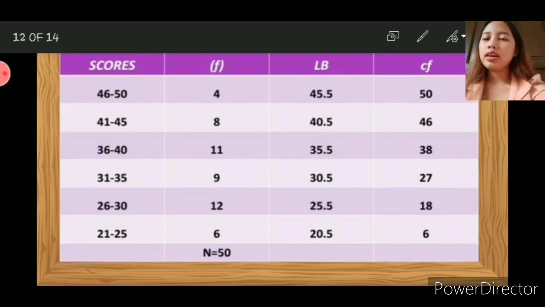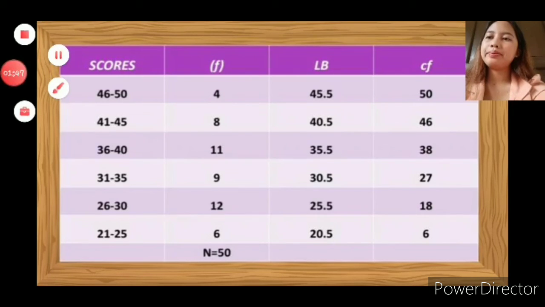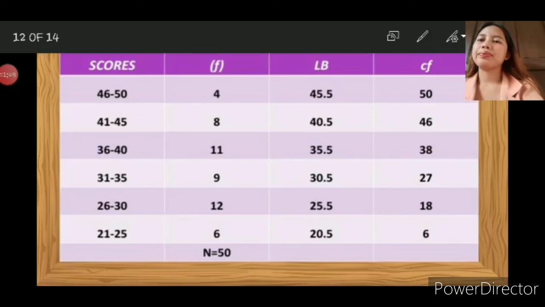And 18 plus 9 equals 27, and so on. Our lower boundary here is 35.5, our cumulative frequency before the class is 27, and our frequency here is 11. And our interval here is 5, because 6 minus 1 equals 5.